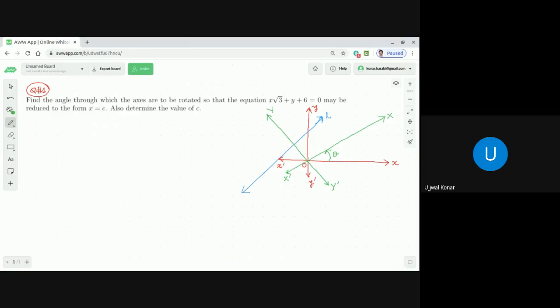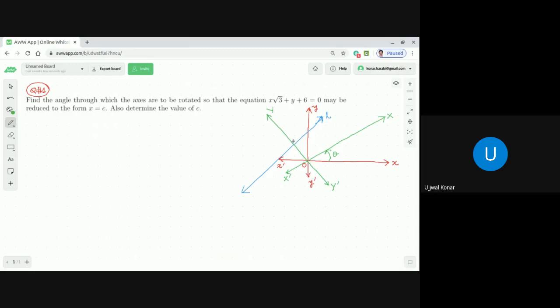Then, dear students, this straight line L is reduced to x equal to c. That means x equal to c is an equation which is parallel to the y-axis. Correct or not?